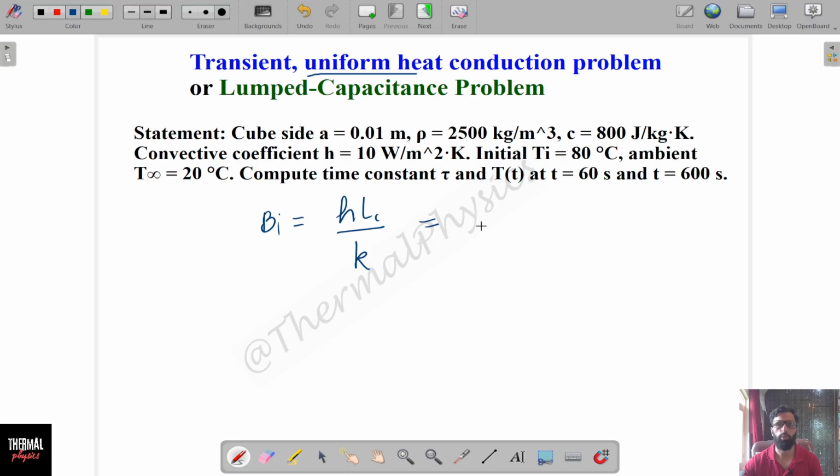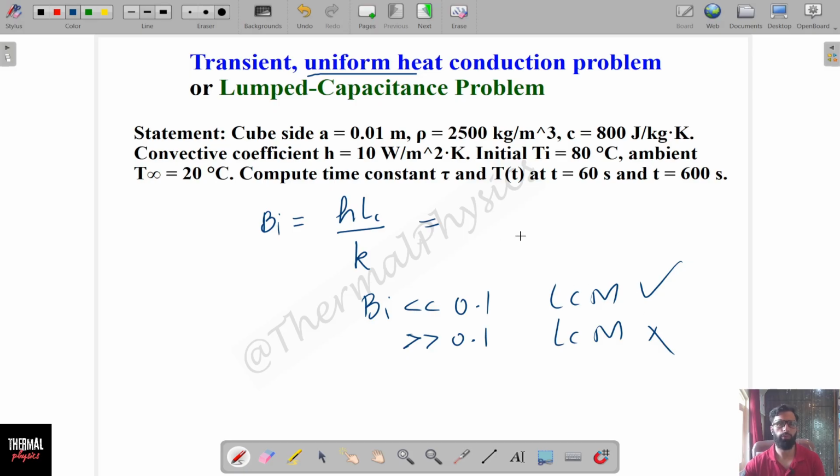For this particular problem, we have h, we have L, but we do not have k. So either we know it obeys the lumped capacitance model, or we have to check. If we have to check, we should know the material, and for that we should know the thermal conductivity, so that we can solve for this. And the criteria is, if the Biot number is much less than 0.1, the lumped capacitance model is valid. If it is much greater than 0.1, the lumped capacitance model is not valid.